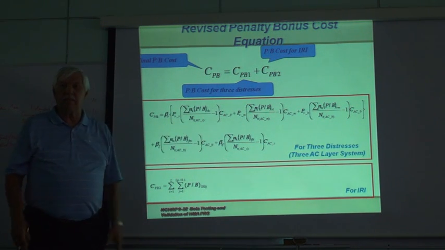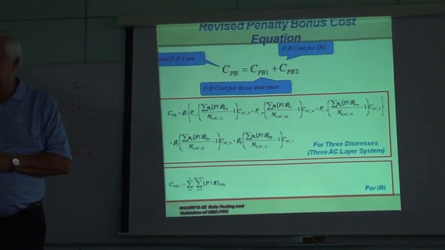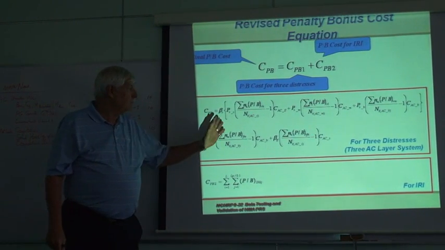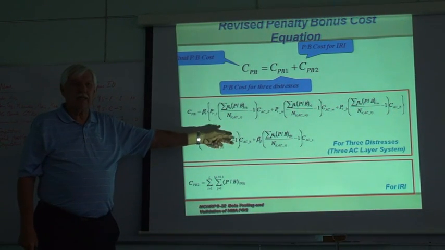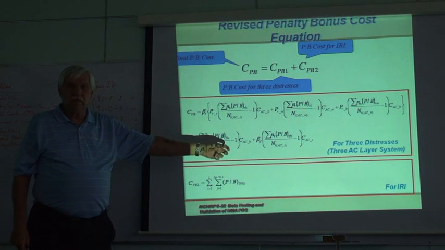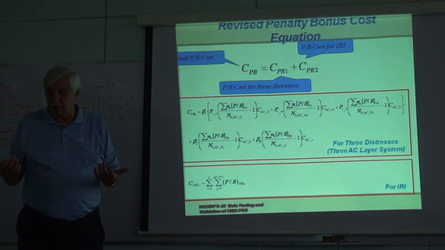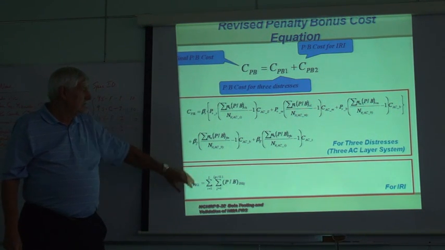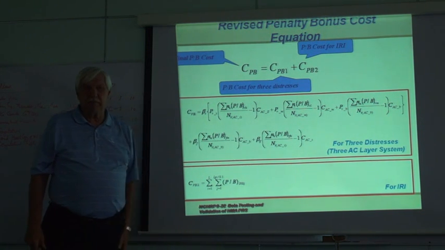Now I want to pick on somebody, not to embarrass you, but I want to see how smart you really are. What would you use if I said you have a pavement with rutting, fatigue cracking, and thermal cracking? Keep in mind that beta factors have to add up to 100%. What percentage would you put for rutting? For fatigue cracking? And for thermal cracking?